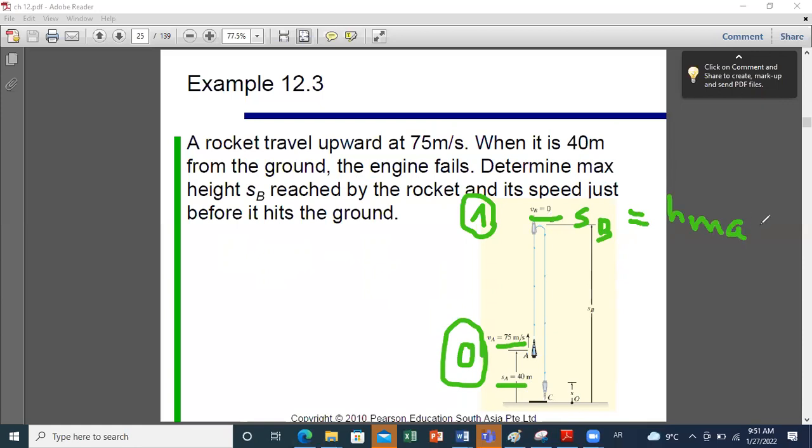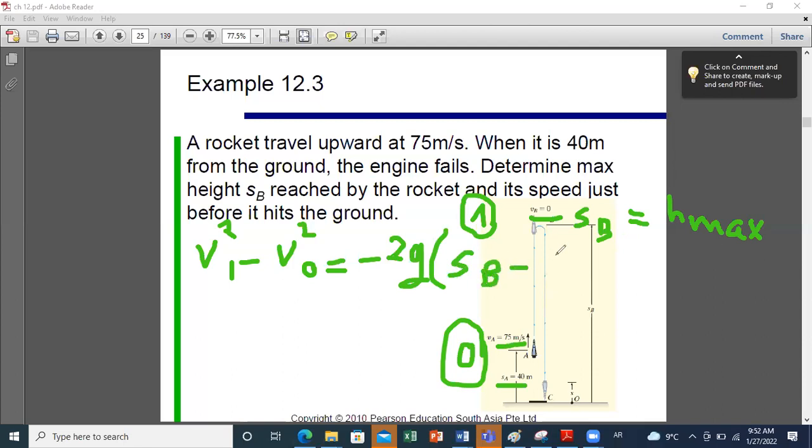Okay, so I can deduce that the easiest way is to relate velocity and position through the equation V squared at position 1 minus V squared at position 0 equals 2A delta S. Acceleration, as we said, is minus G, so it's minus 2G times S of B minus S0.